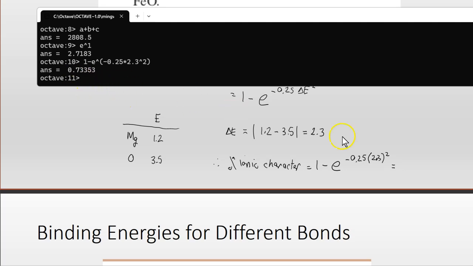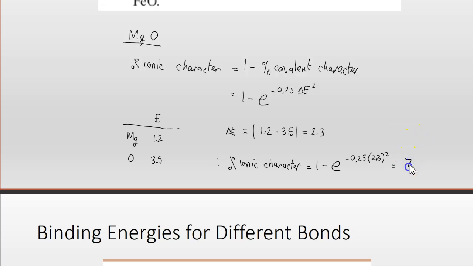When we calculate this, we get a fraction of 0.733, which expresses the percentage as 73%. So we can see that magnesium oxide is characterized as an ionic material or ionic crystal.